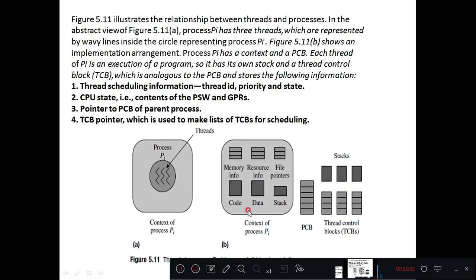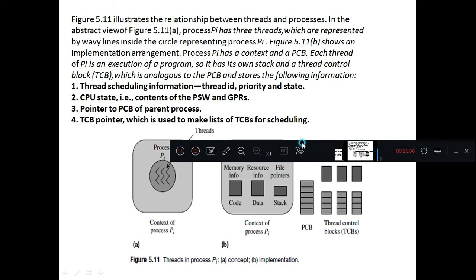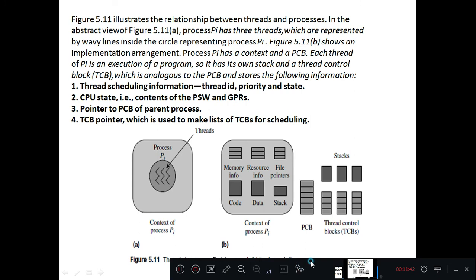Let us see this figure where we are going to explain the concept of threads in a process as well as how threads are going to be implemented. Figure 5.11 illustrates the relationship between threads and processes.